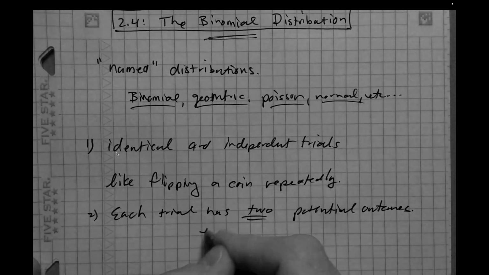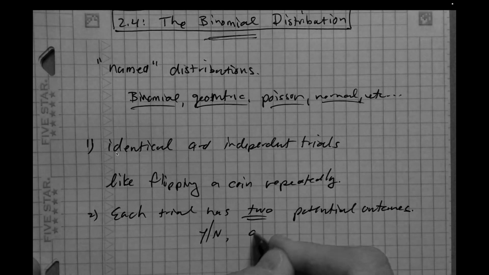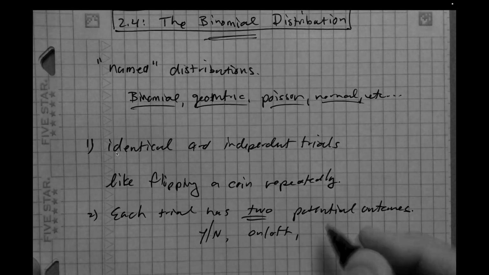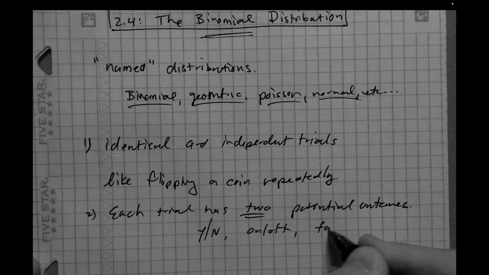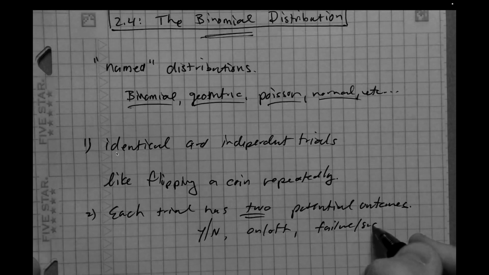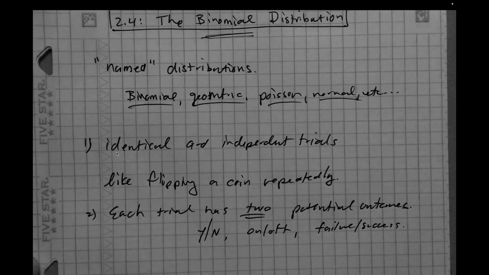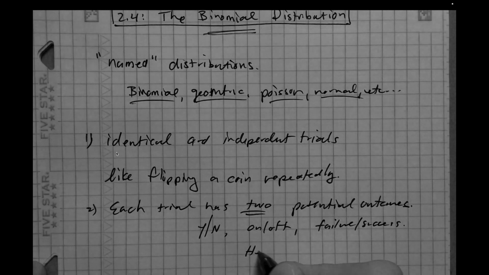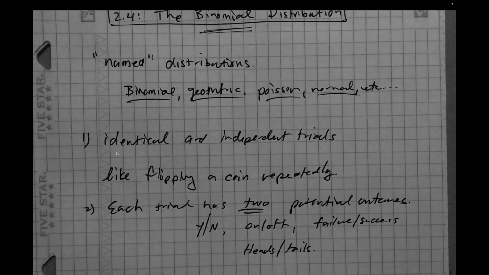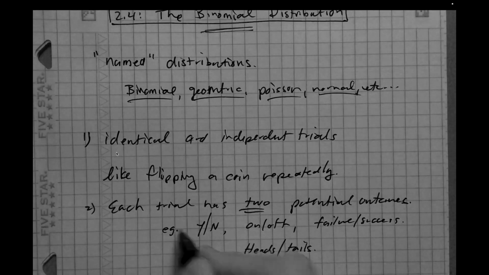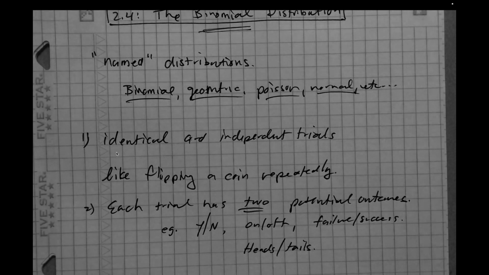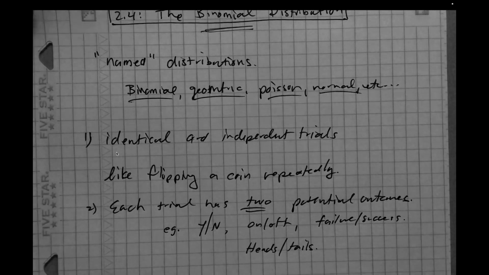Think of this as a yes or a no, or an on or an off, or a success or failure. Or in the case of flipping a coin, something like a heads or a tails. Okay, so these are examples. And this is the kind of scenario that would make us want to think about using a binomial distribution to quantify probabilities.